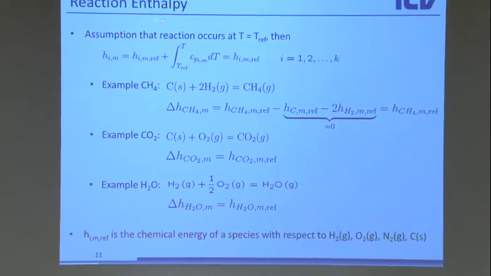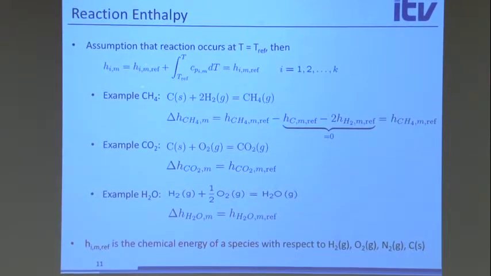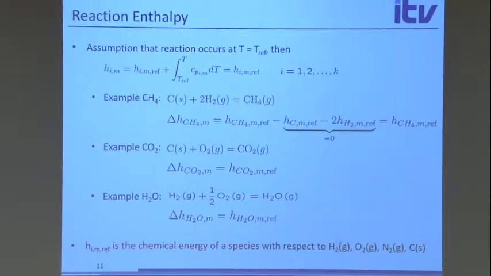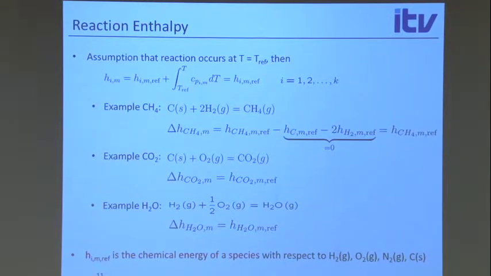We said earlier that we somehow need to have these reference enthalpies, and you can determine these in the same way. So for example, if I have a reaction here, solid carbon plus hydrogen gives me methane, then the change in enthalpy here is equal to the heat release, dQ, and that's equal to the enthalpy of methane minus the enthalpy of solid carbon minus that of hydrogen.